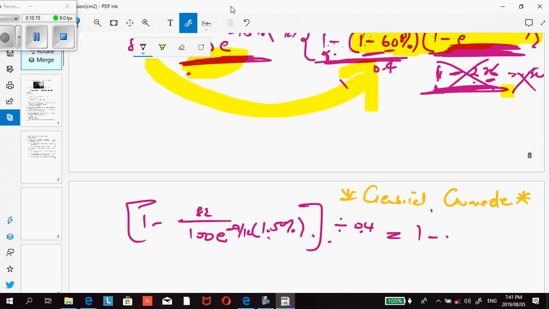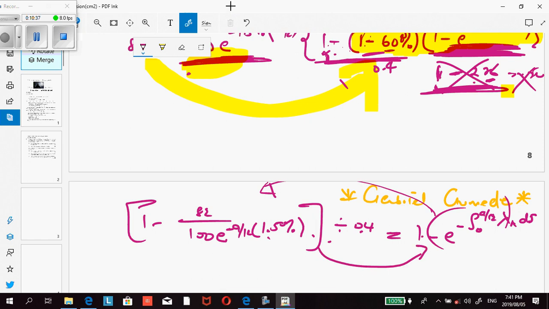Now, this will be equal to 1 minus e to the power of negative integral from 0 to 9 over 12 of lambda a ds. So now I have to take this to this side of the equation and say 1 minus this. Basic algebra.